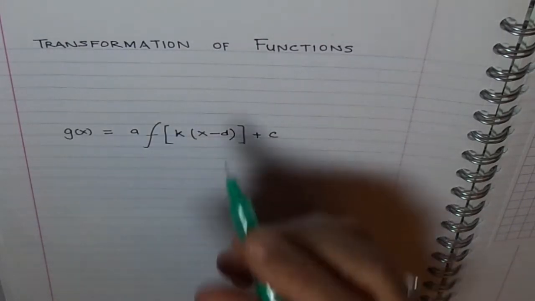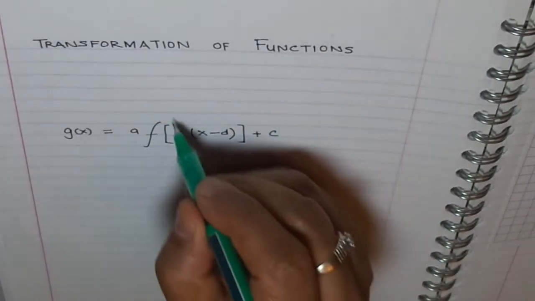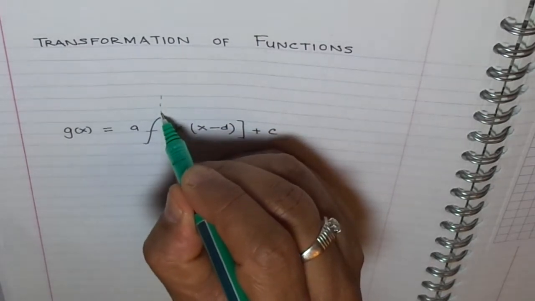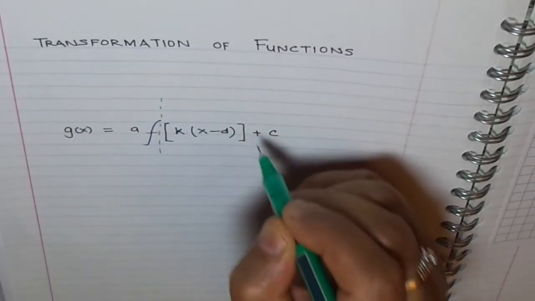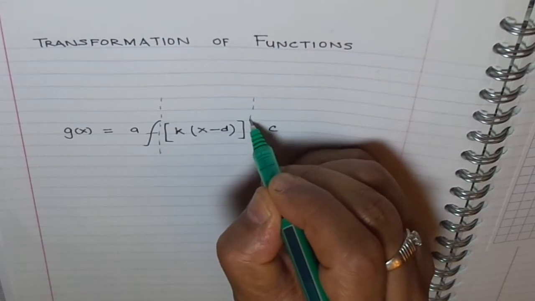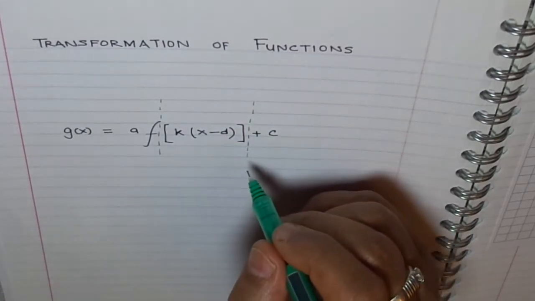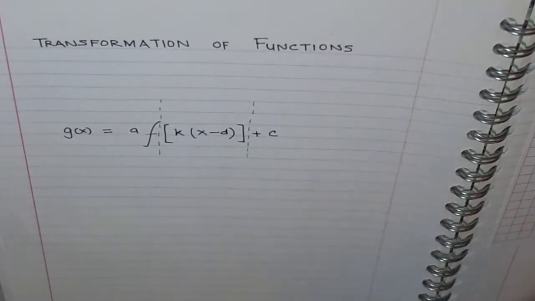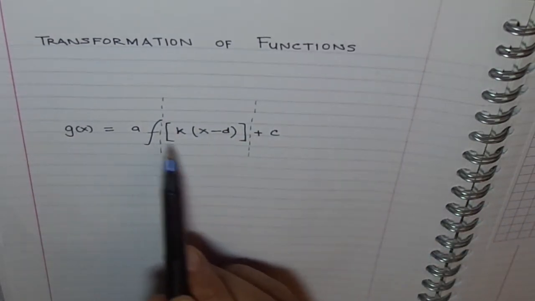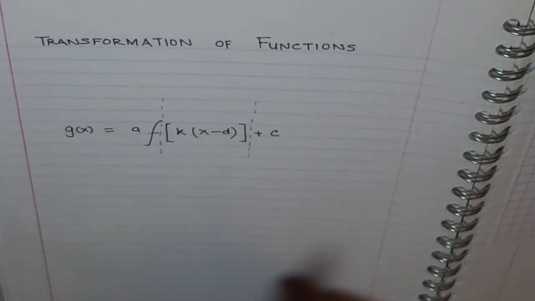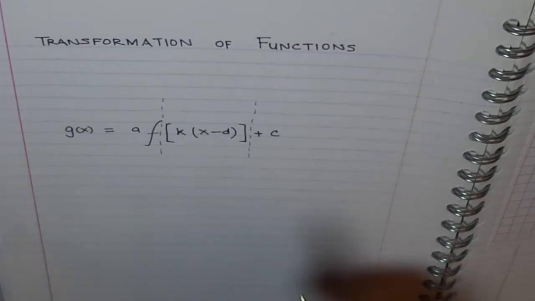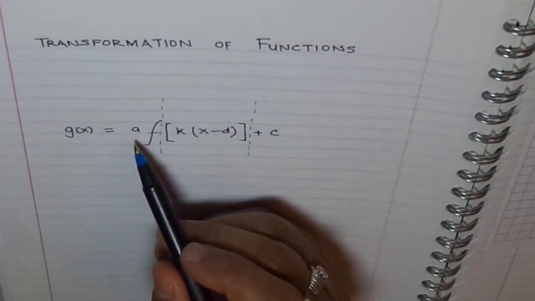Important thing to note is that whatever is within these brackets reflects horizontal translations or stretches or compressions, and outside the bracket indicates vertical. Now, a is a vertical stretch or compression factor.